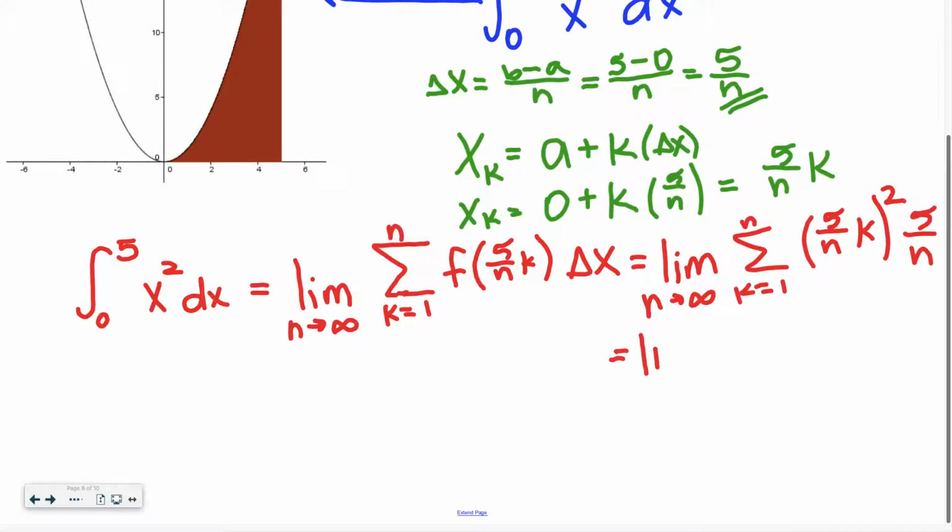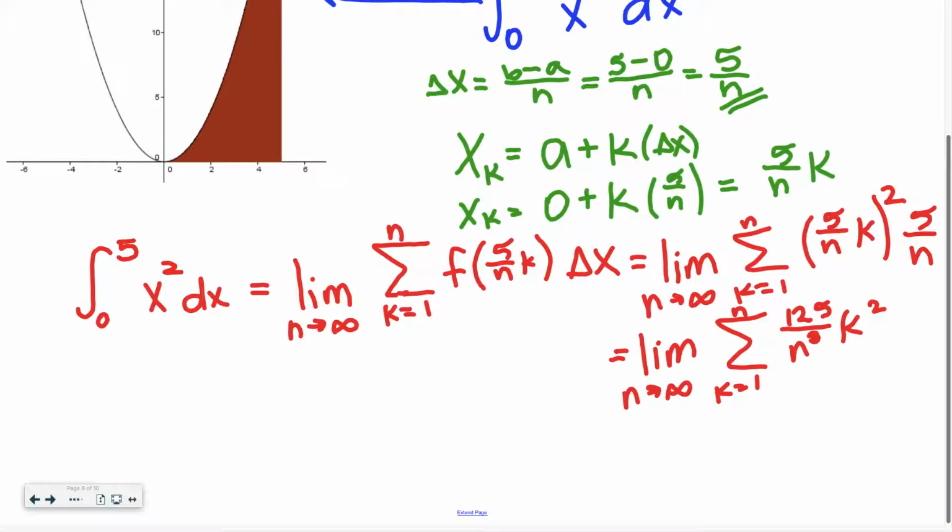So now what we have is the sum from k equals 1 to n of 125 over n cubed times k squared. Do you agree? This is 5 squared, which is 25, times 5 is 125. This is n squared times n is n cubed, and then the k is squared.